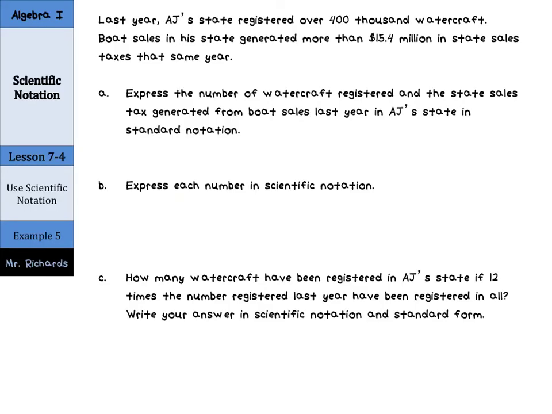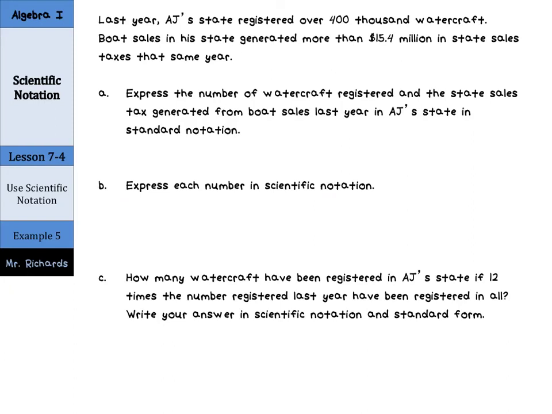Last year, AJ's state registered over 400,000 watercraft. Boat sales in his state generated more than $15.4 million in state sales taxes that same year. Express the number of watercraft registered and the state sales tax generated from boat sales last year in AJ's state in standard notation.